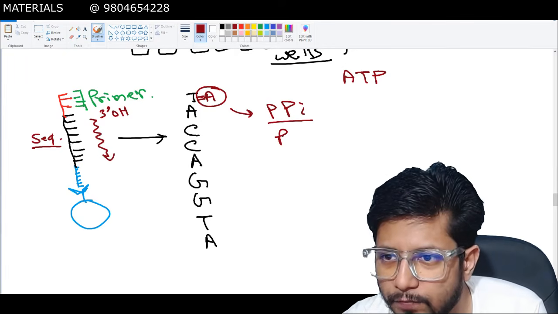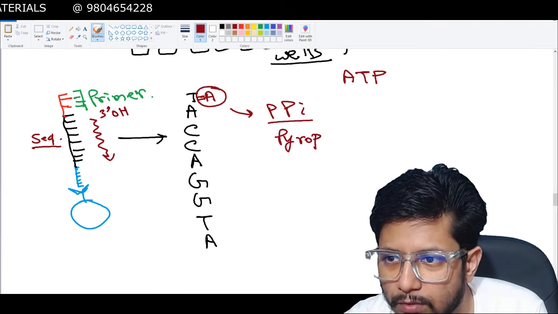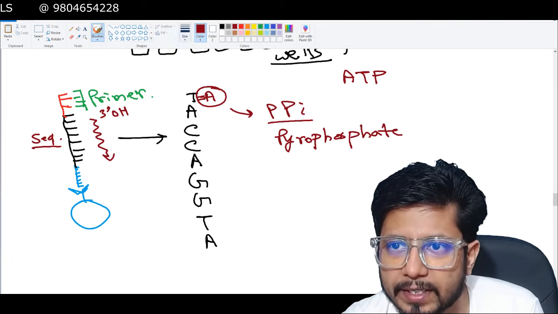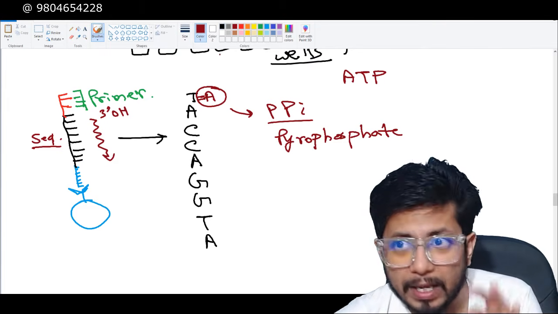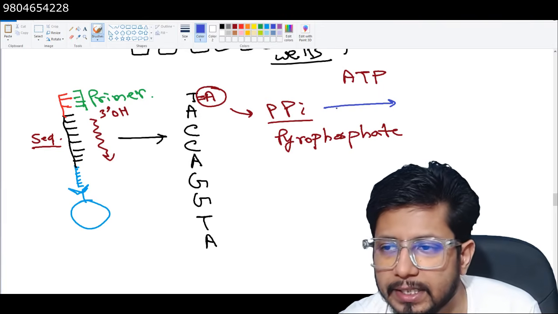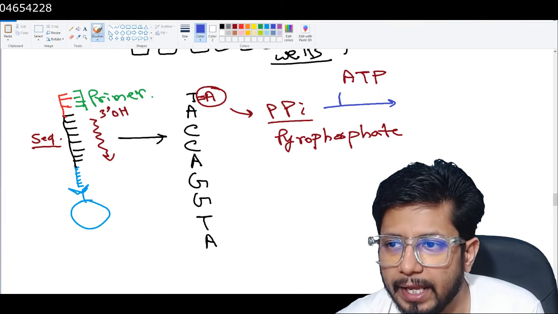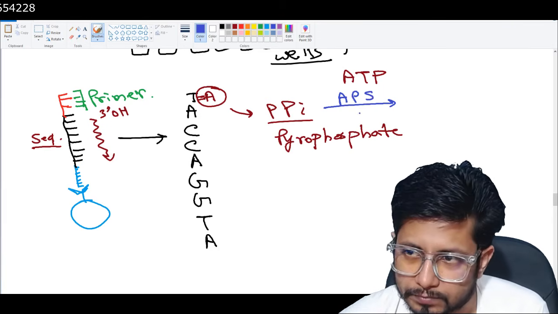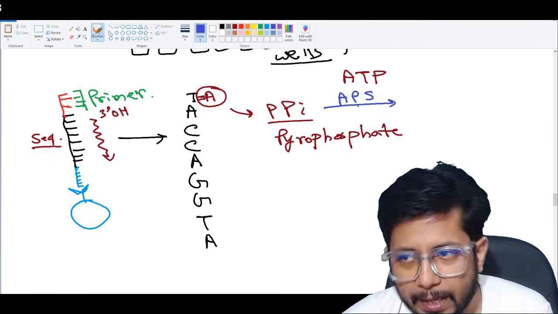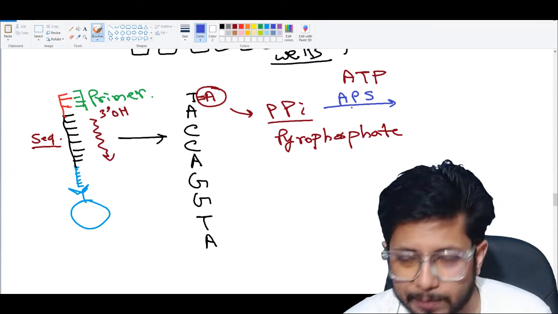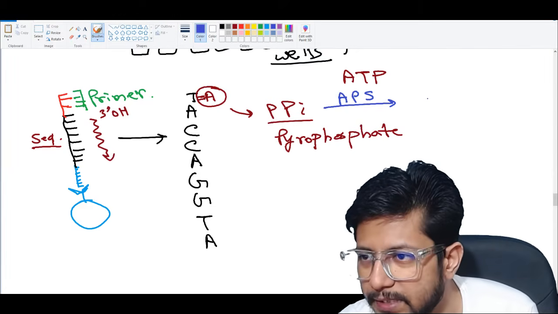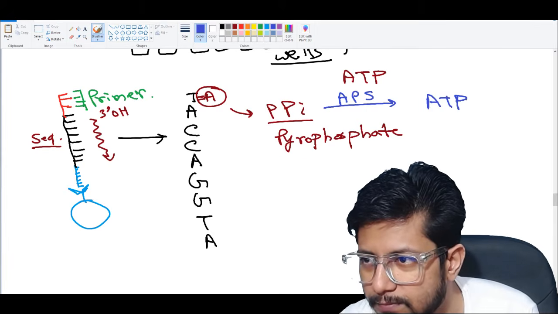Now this pyrophosphate, PPi means pyrophosphate. Now in this well, after the addition of nucleotide, what else do we provide? We provide APS. APS is provided as a reagent. APS is a chemical reagent. What APS does is that APS converts PPi into ATP.